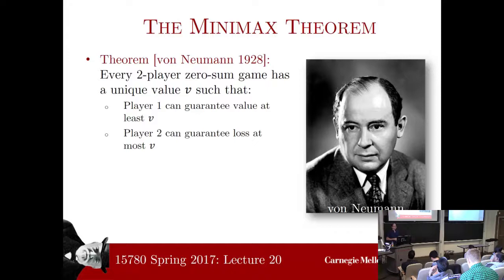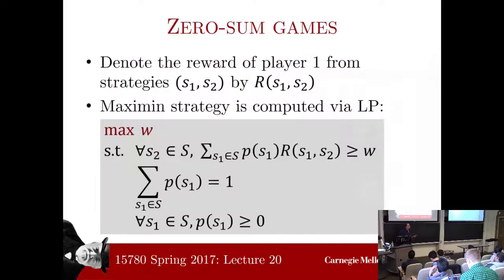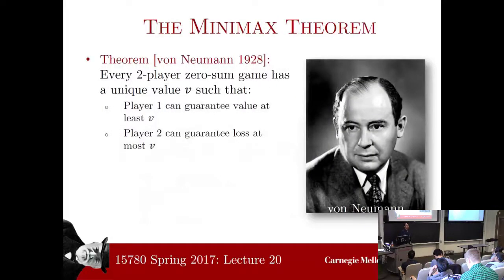For those of you who have seen LP duality, you can derive it from the fact that this is an LP and using duality. We haven't studied LP duality. We'll actually spend all of the next lecture proving this theorem through a pretty convoluted proof. So I'm going to prove it through no-regret learning, which I think is a really cool thing to do, because this is a really cool area in learning theory.